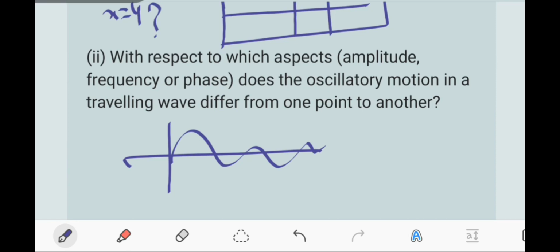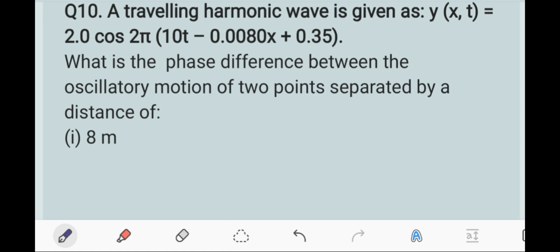So now let's move to the next question. Now students, the next question is on the screen. A traveling harmonic wave is given as y(x,t) equals 2.0 cos 2 pi (10t minus 0.0080x plus 0.35). Now students, first of all we should solve it by removing this 2 pi. So let's put this 2 pi inside the bracket.